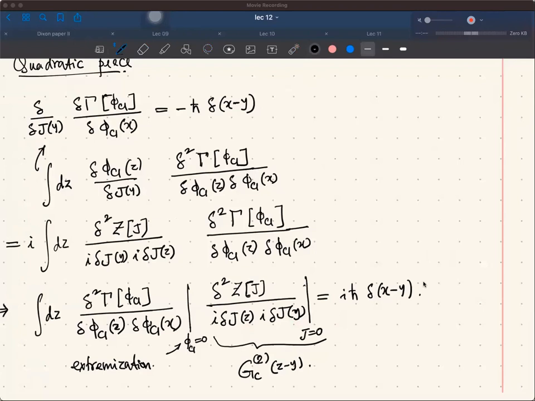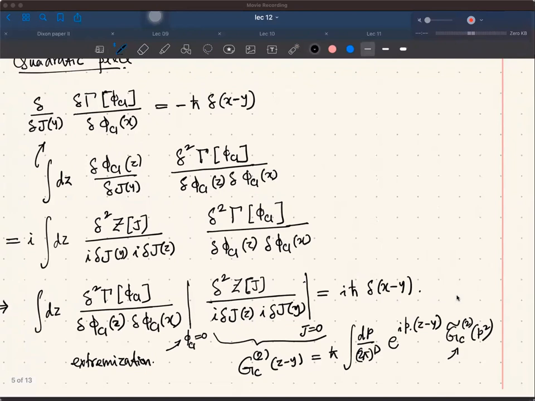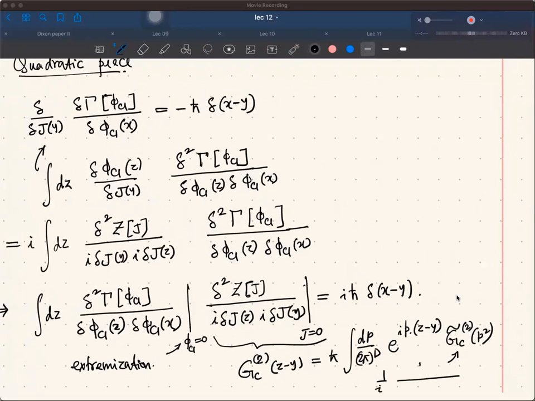And this connected two-point function has a momentum representation, which is given by h bar times the integral dp over (2 pi)^d, e to the power i p dot (x minus y), times G tilde c2 of p square, where we calculated this to be 1 over i times 1 over p square plus m square plus pi of p square minus i epsilon.